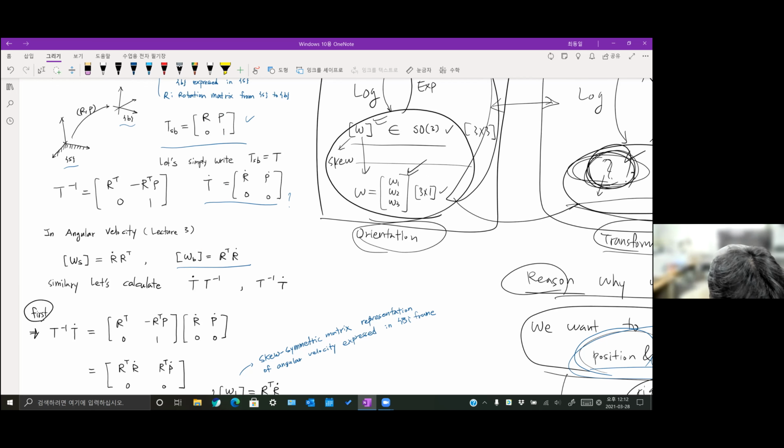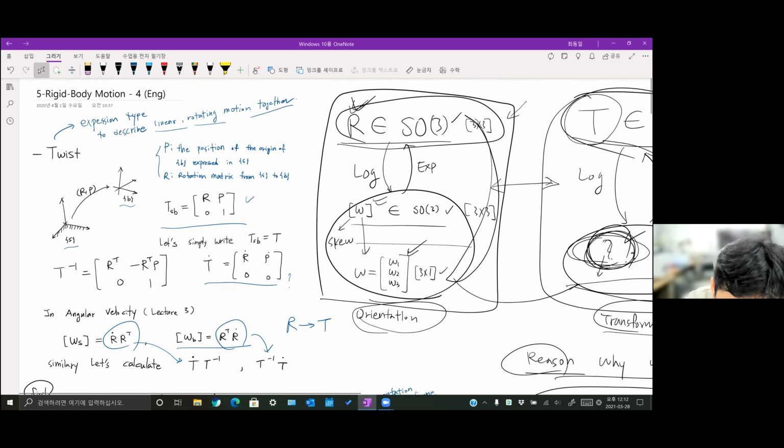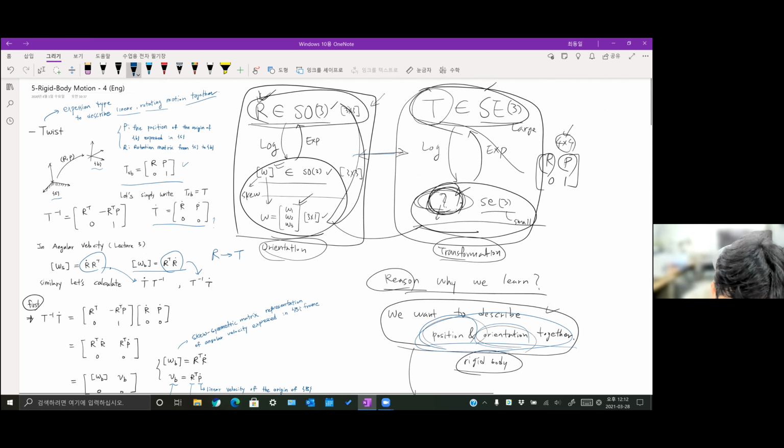So let's calculate T dot T inverse and T inverse multiplying T dot. Because if R changes to T, this one becomes this one. So the reason we calculate this is that there is some similarity in these two concepts.